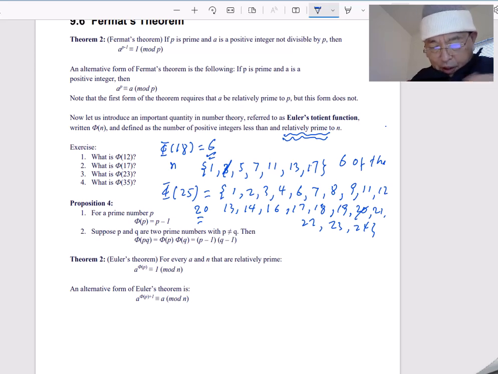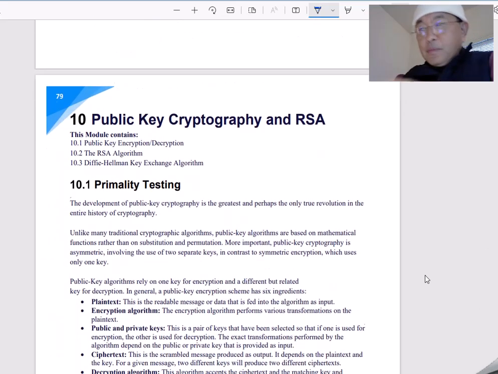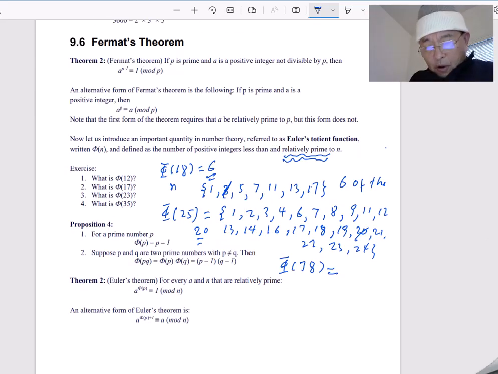But for a relatively larger number, like 78, it would take a while. For example, let me give it a try. How about 1 and 5? 2 is not, and then 7, and 9. Okay, so there are many.